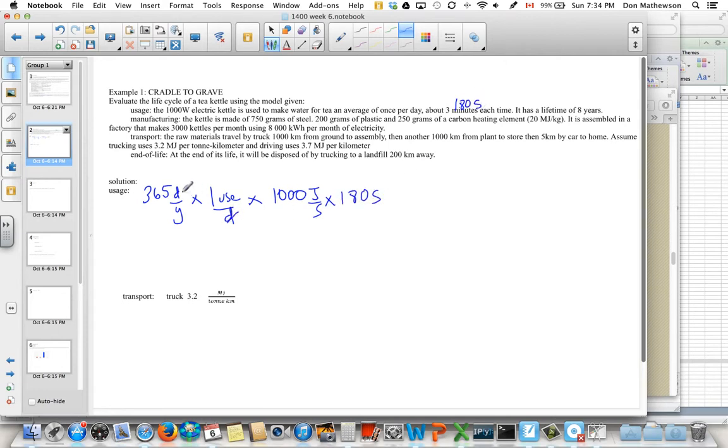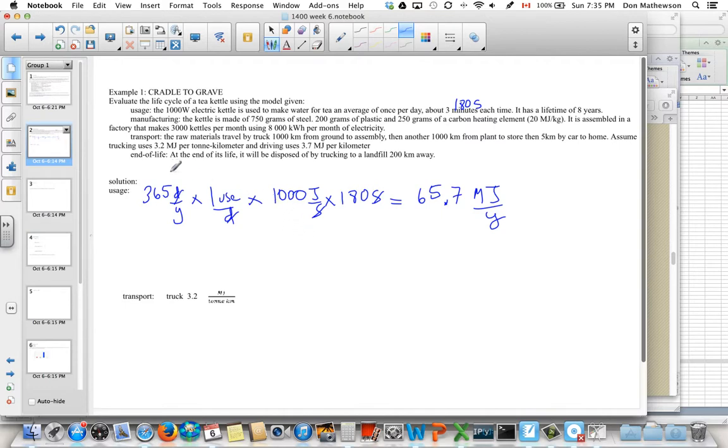So unit-wise, days cancel out, use is dimensionless, seconds cancel out, and I get joules per year. And if I convert that into megajoules, it's about 65.7 megajoules to use it per year. So if you multiply all those together and then divide by 10 to the 6, which is mega or million, you get 65.7. Okay, so that's the usage energy.